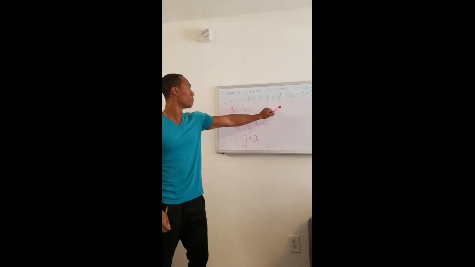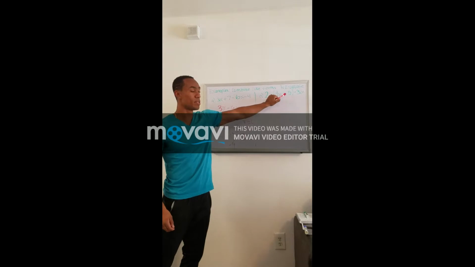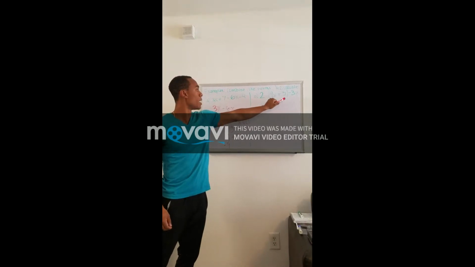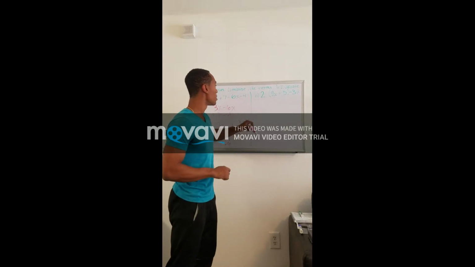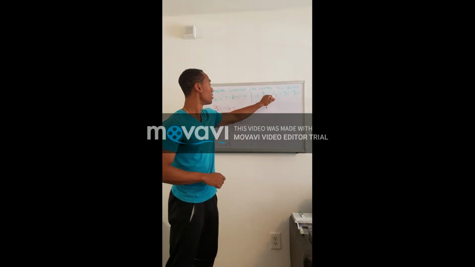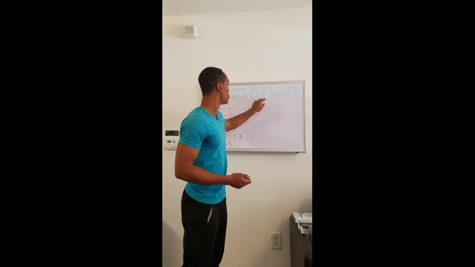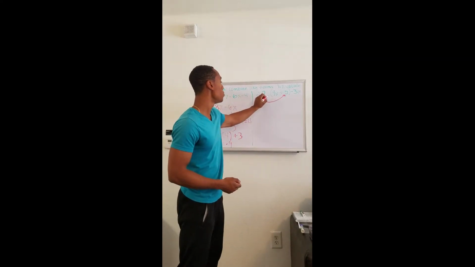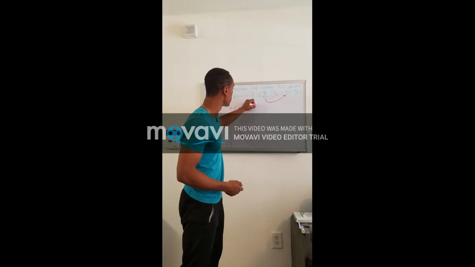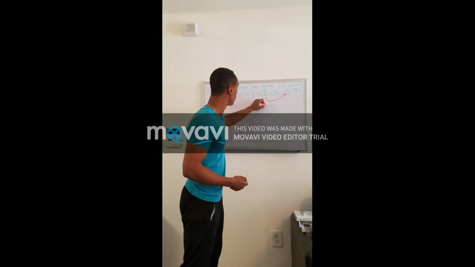Okay, so now for the second one, we have 2 times, in parentheses, 9x plus 5, minus 3x on the outside. First, we're going to have to distribute before we combine like terms. We're going to do 2 times 9x and 2 times 5. 2 times 9x is 18x. 2 times 5 is 10.